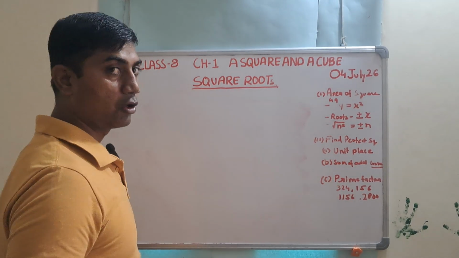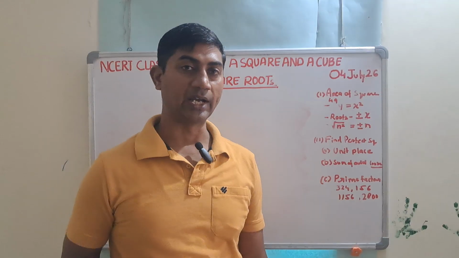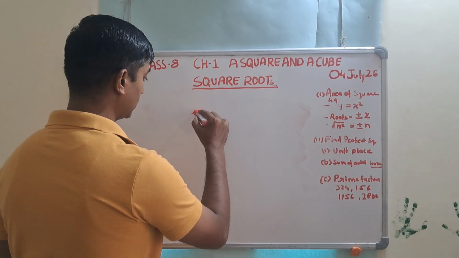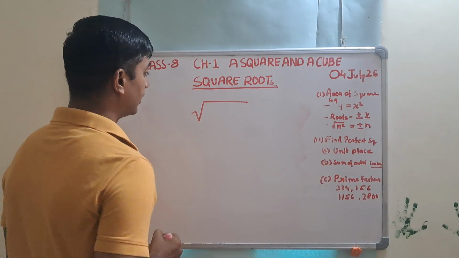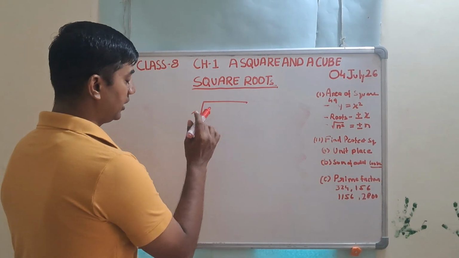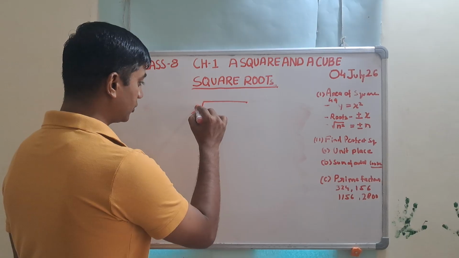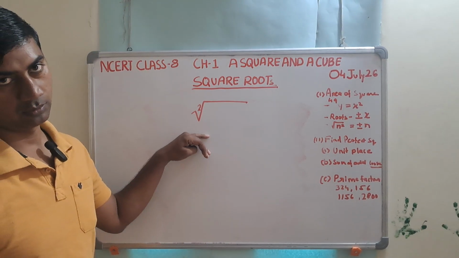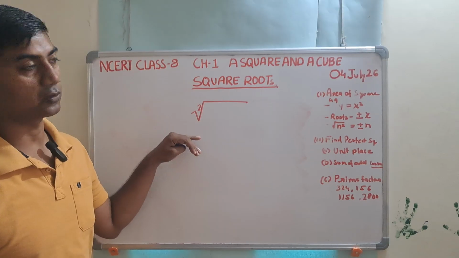Now let's talk about the symbol of square root. This is the symbol of square root, and actually when we write 2 here, this means it is the symbol of square root.